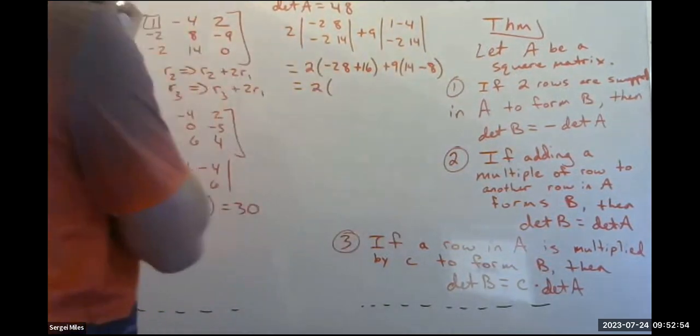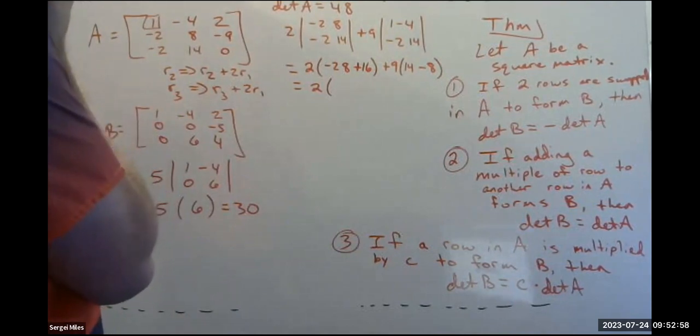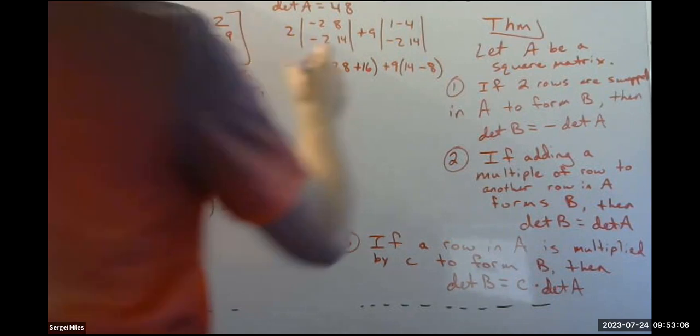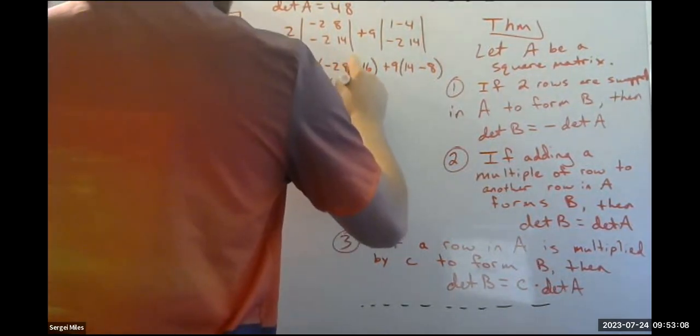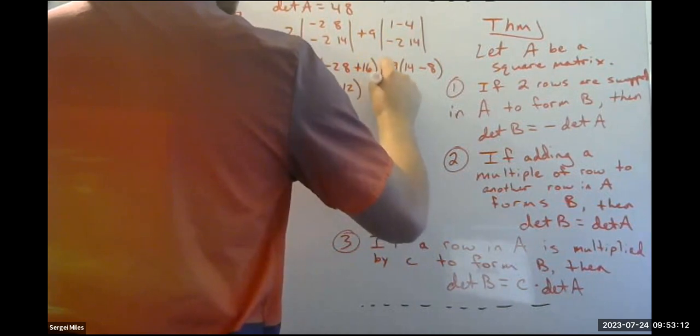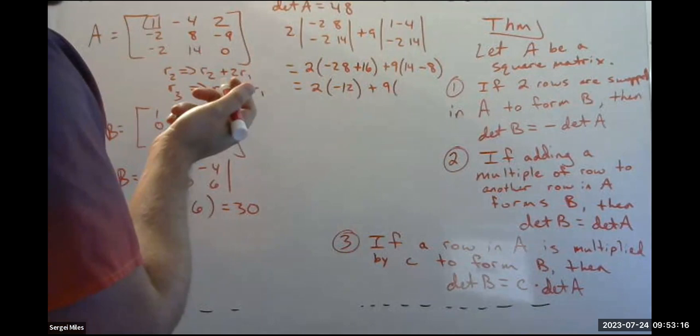2 times, so 28 minus 16. That's -12. Plus 9 times positive 6.